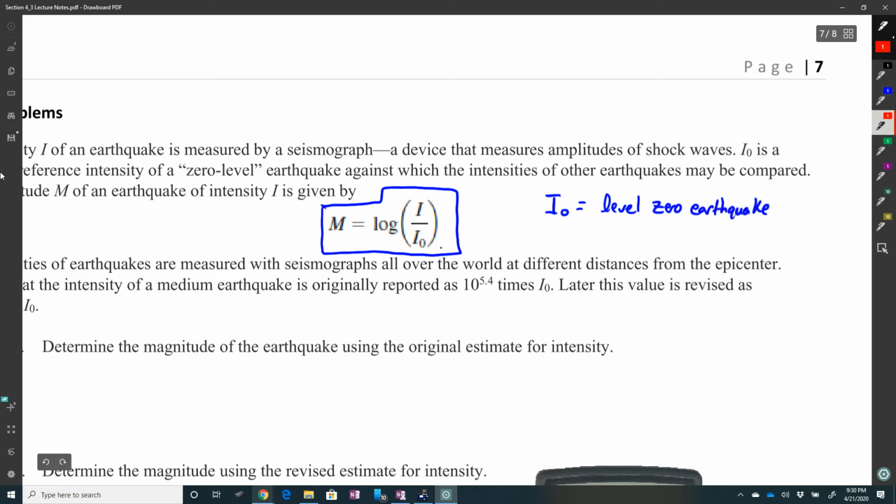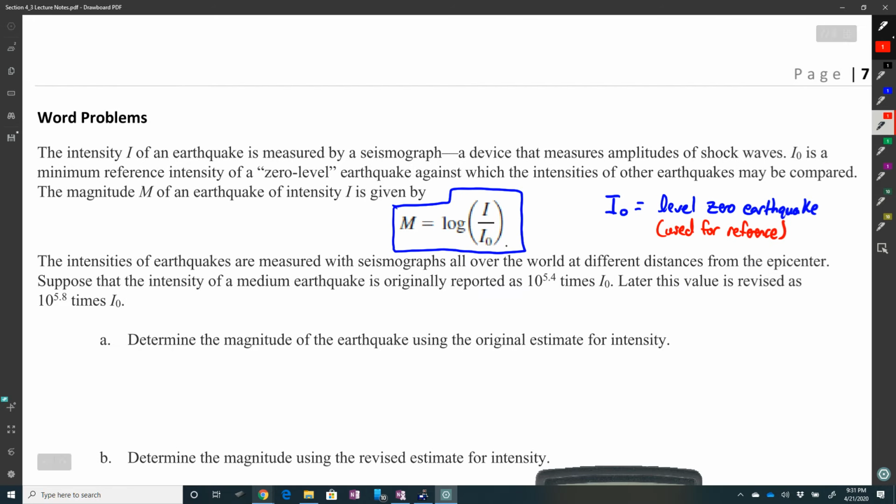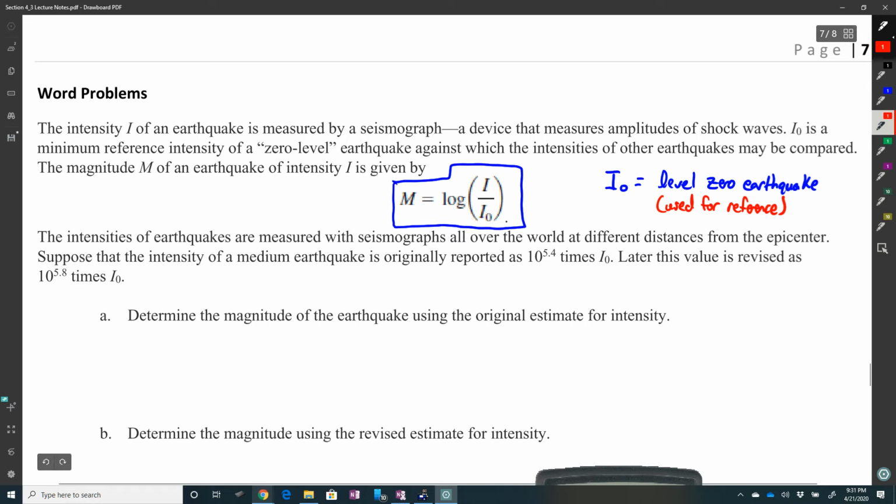It's used for reference. If you want to see what a level 0 earthquake is, just jump up and down. That's a level 0 earthquake. Okay, it's just very, very slight vibrations.